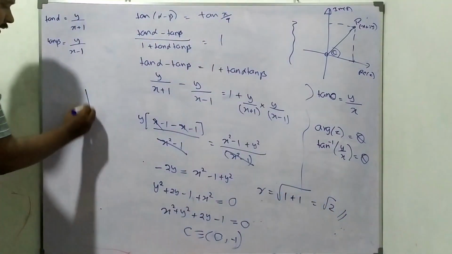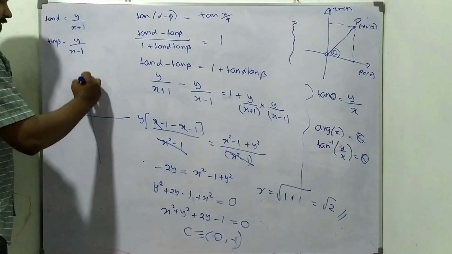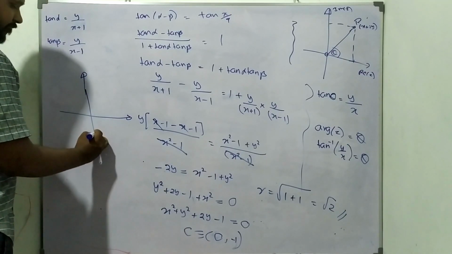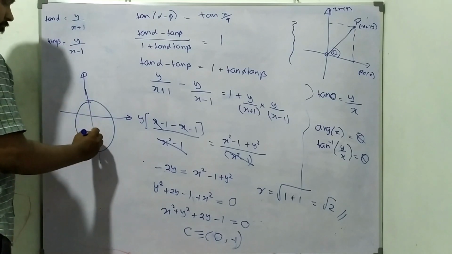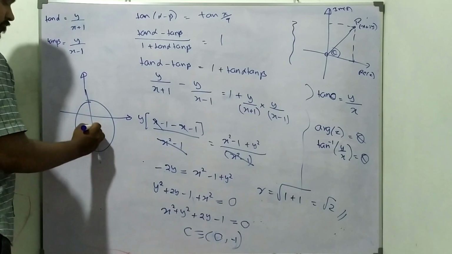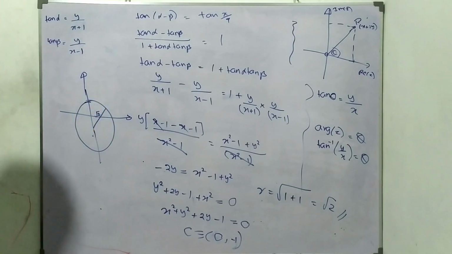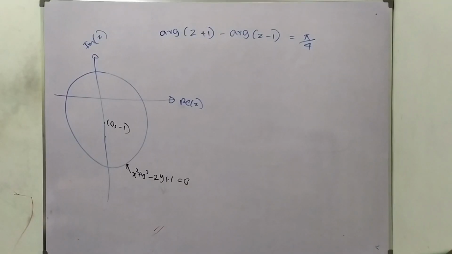So the locus will be again a circle with center (0, minus 1) and radius square root 2. Okay children, this is what I got for the locus of z, right?